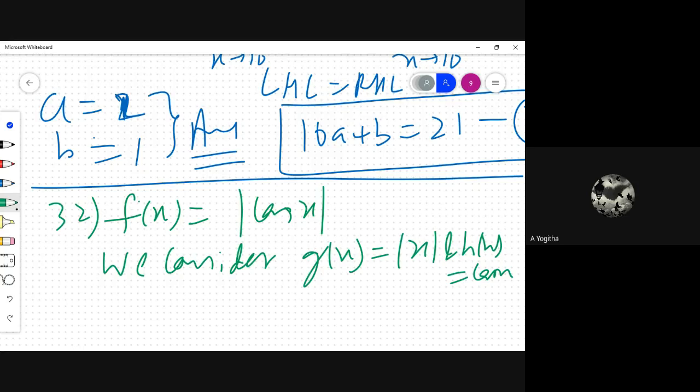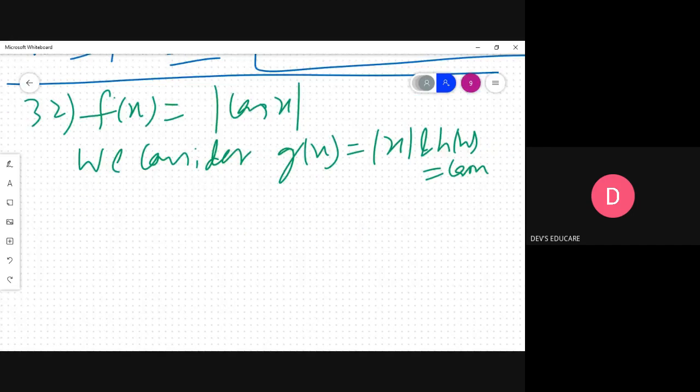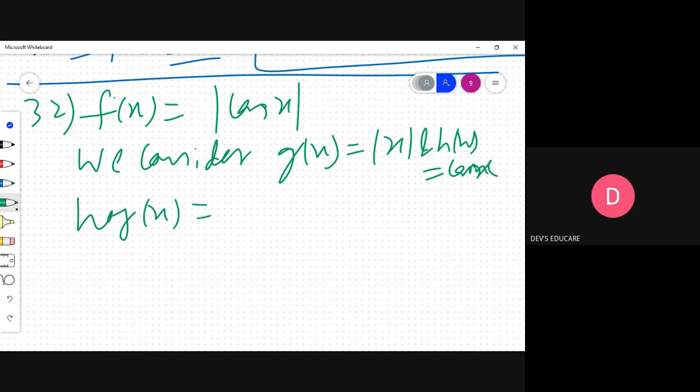We know that these two functions are continuous. The absolute value function and cos x are both continuous functions. So we take g of h(x). This is called a composite function, right? If we combine two functions, this is called a composite function.